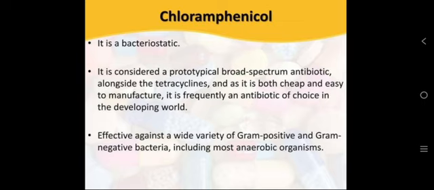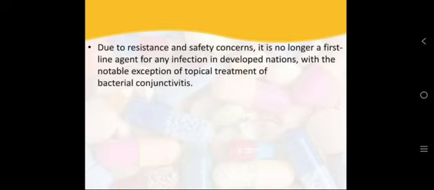It is frequently an antibiotic of choice in the developing world, effective against a wide variety of gram-positive and gram-negative bacteria, including most anaerobic organisms. Due to resistance and safety concerns, it is no longer a first-line agent for infections in developed nations, with the notable exception of topical treatment of bacterial conjunctivitis.